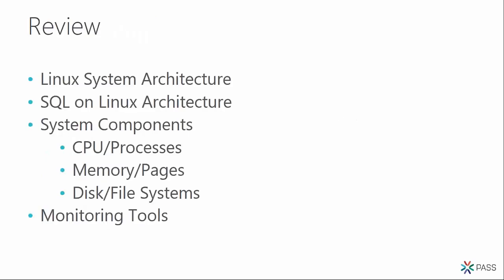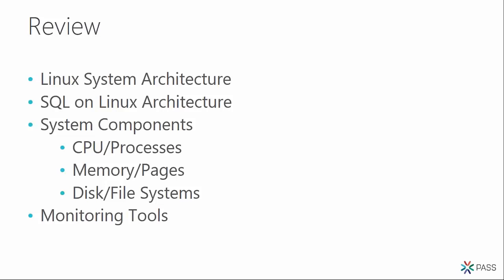Let's go ahead and review. We went through a lot of stuff in a short amount of time. We talked about the Linux system architecture, system calls, and how that interacts with the hardware. We looked at the SQL Server on Linux architecture and how that bolts on to Linux with the host extensions and how those interact with the operating environment.